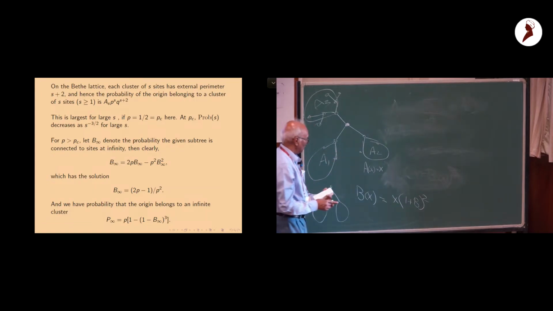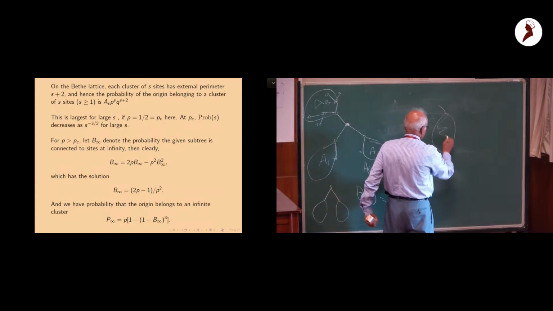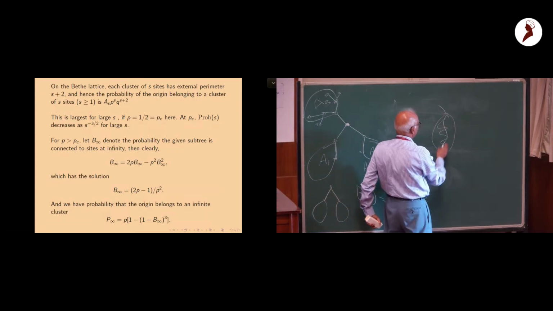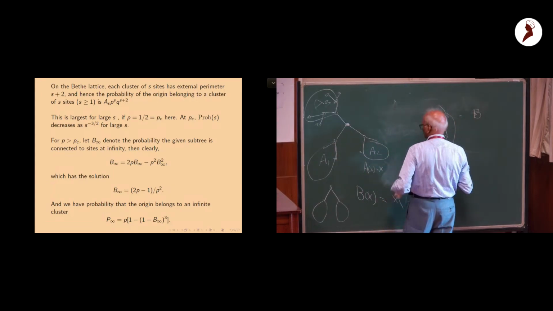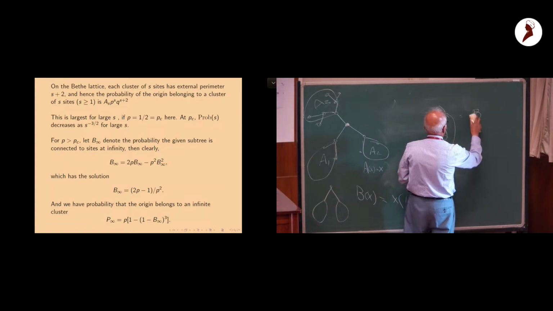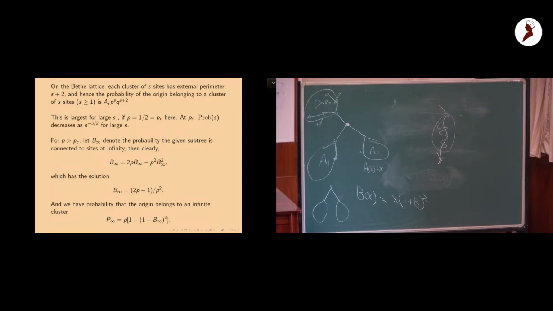Okay, let us call this all connection all the way to here. This will be called B, we have already used. What did I use here? We called it B infinity.